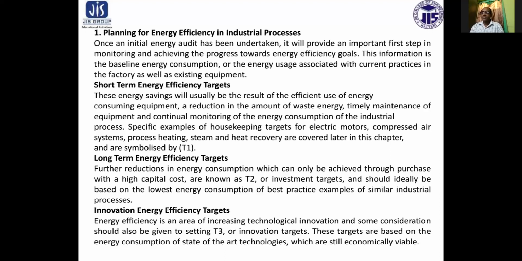As the purchase of expensive capital equipment is required to achieve these long-term energy efficiency targets, careful modeling should be undertaken to ensure that the investment is sound. That is, the payback period of the equipment is not greater than the working life of the equipment.